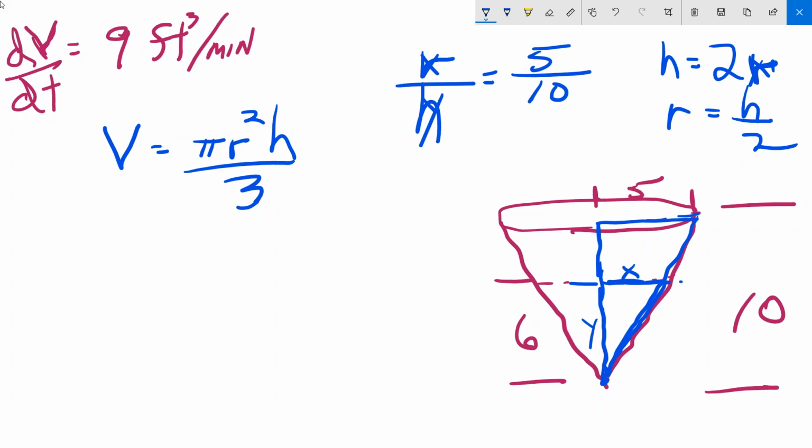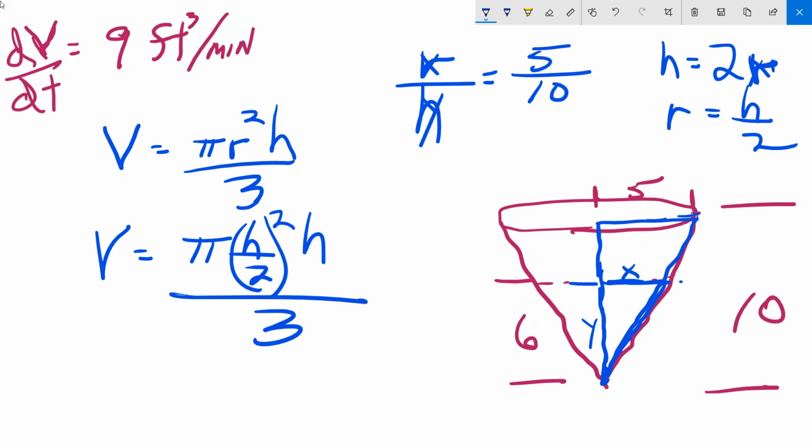Now let's do the whole thing again. So it's h over 2 squared times h, all divided by 3, which means it's pi h cubed, all divided by 6.